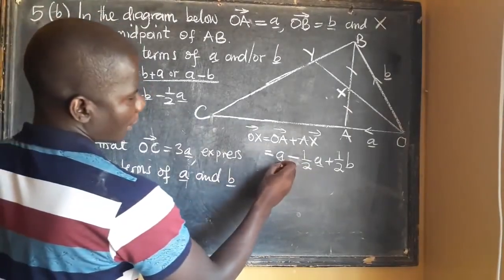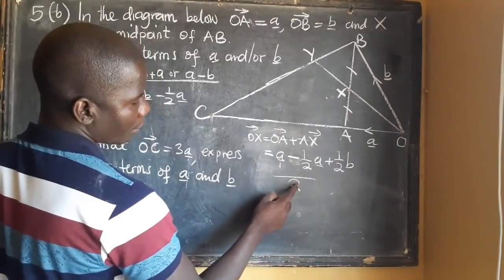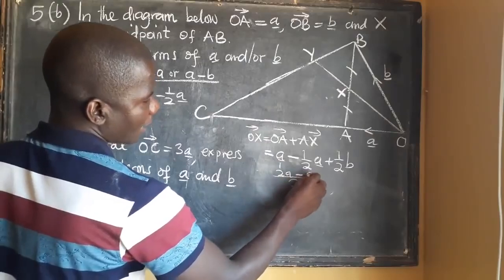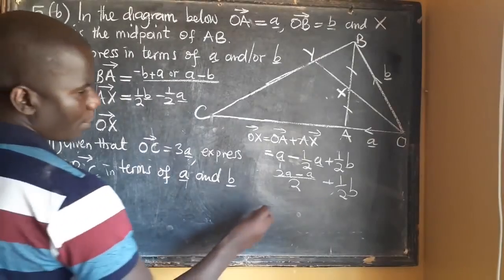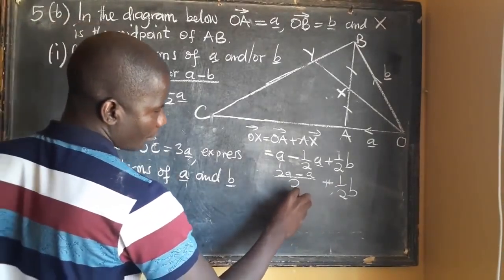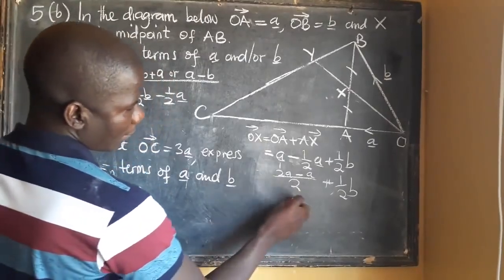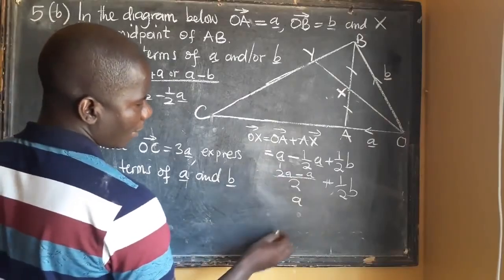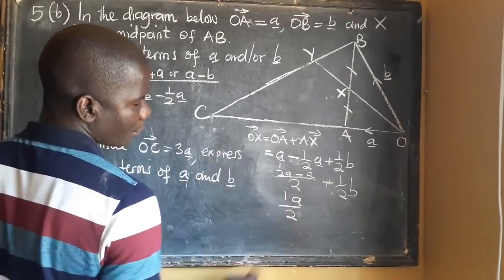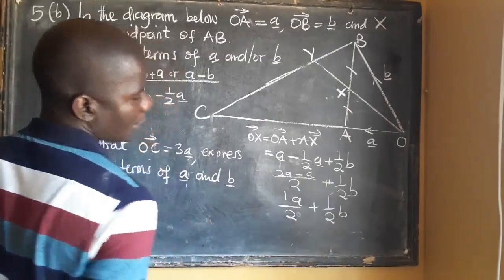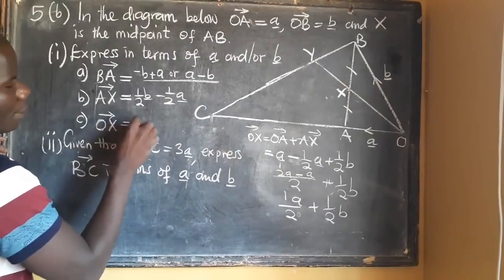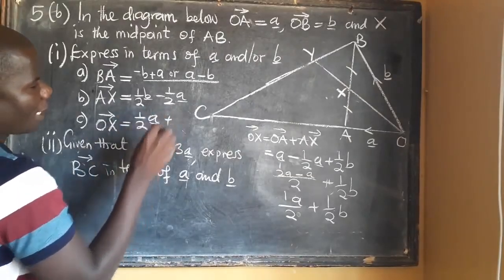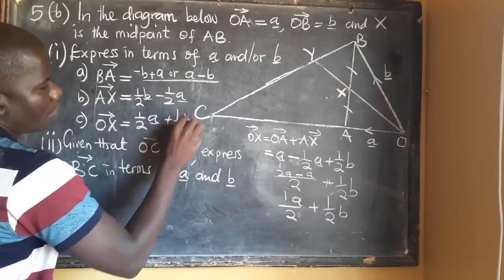So now these are like terms, so we can simplify. 1 into 2 is 2, so this is going to give us 2A minus A over 2, plus 1 over 2B. When we subtract, 2A minus A is 1A, so what we are getting is 1 over 2A plus 1 over 2B.